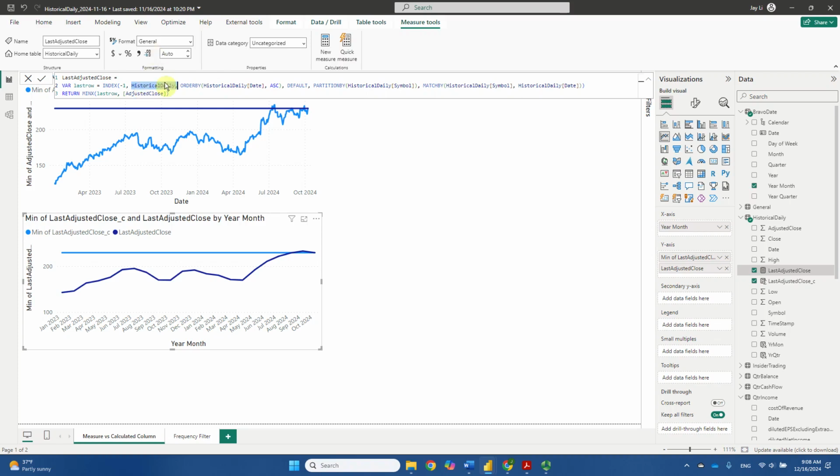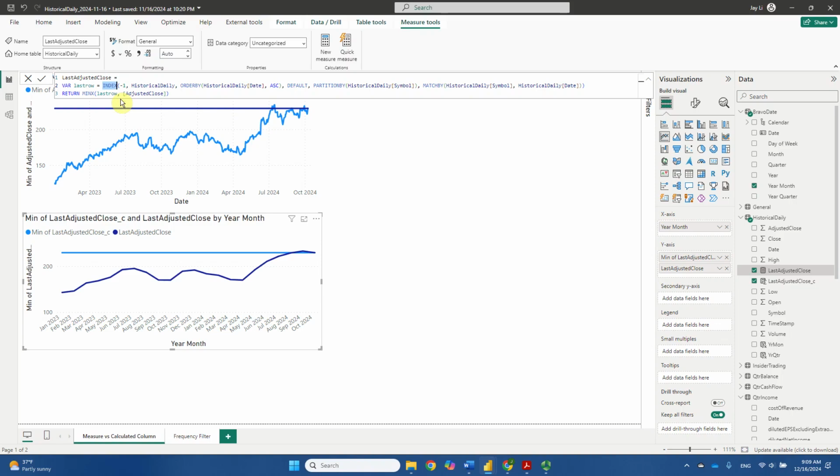Okay, so basically, for any particular point on this x-axis, if we're standing at May 2023, then this visual is going to first filter this historical daily data set to only look at the data related to May 2023. Then this index function is going to work on data related to May 2023.